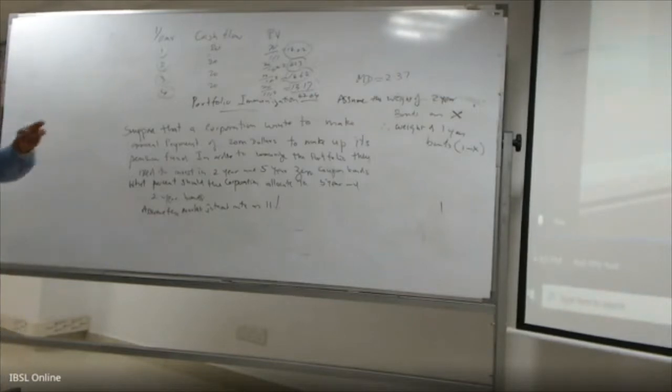X is the value weight of 2-year bonds. And what is the duration of that one? 2. Therefore, duration into weight would be 2x. Are you okay with 2x? Plus, what is the other one? 5 into 1 minus x.